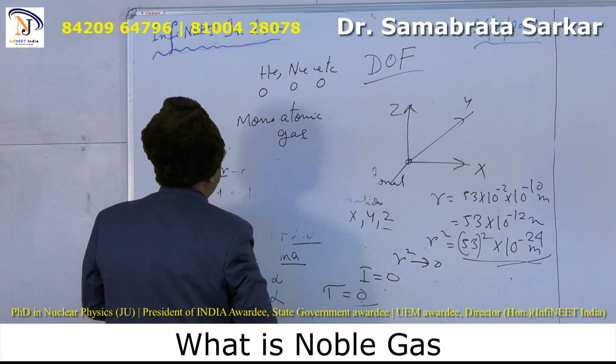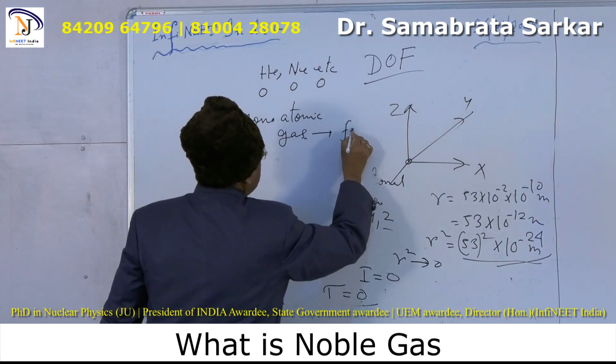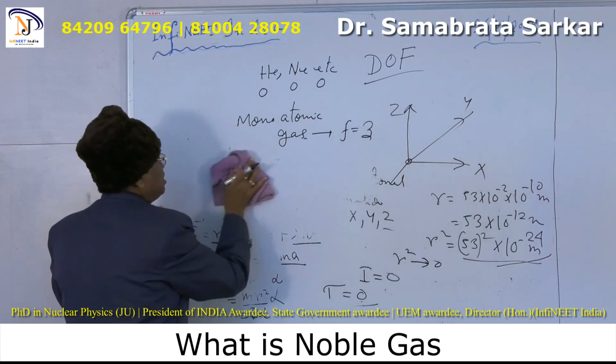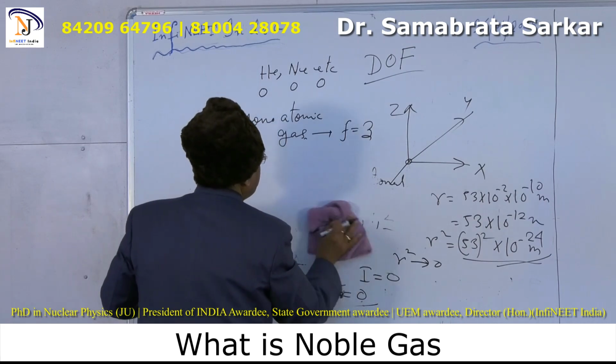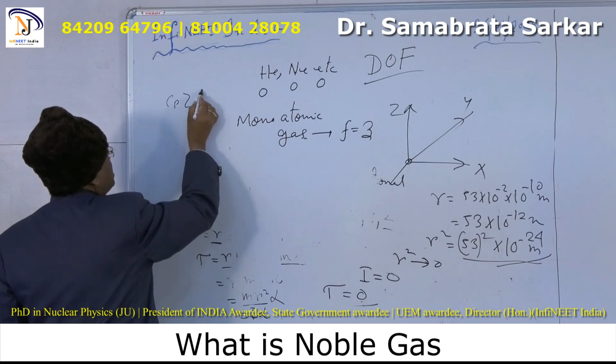Okay, I am clear. So, what is degrees of freedom? The number of degrees of freedom in case of monatomic gas is what? F equals how much? 3. Okay. Then Cp I have told you, Cp is greater than Cv.